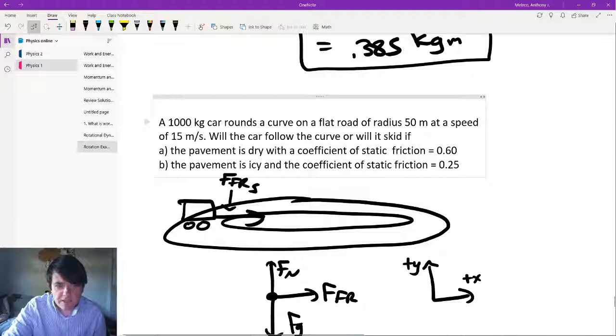So the needed requirement, you have a 1,000-kilogram car, 50-meter radius, and 15 meters per second.